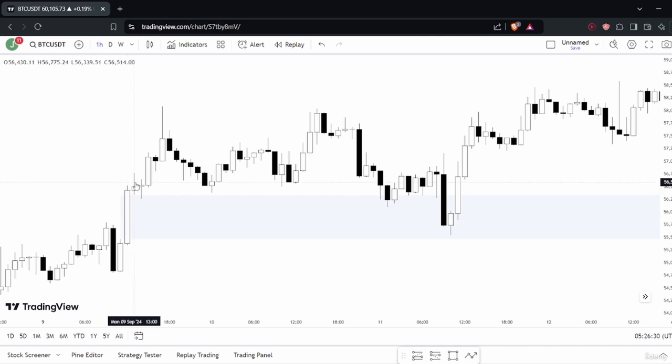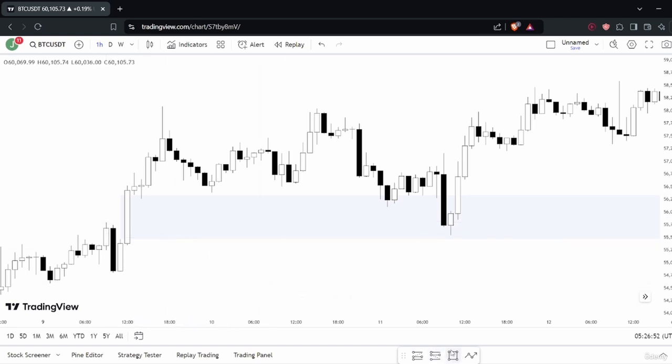Okay, 1, 2, 3. When the wicks of those candles do not intersect, okay, and we have all of these volume, that's our fair value gap.